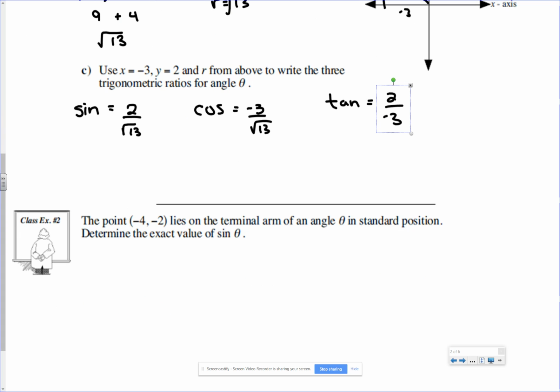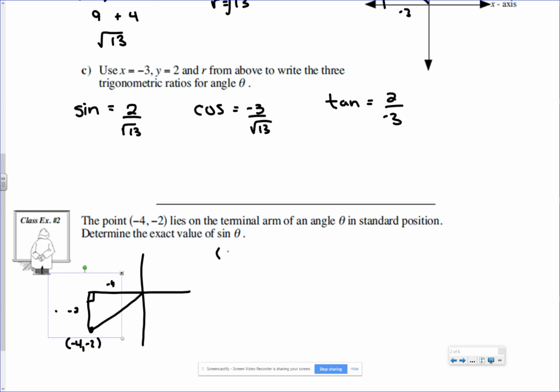And now it says the point (-4, -2) lies on the terminal arm, so we're going to go ahead and put that on the graph. So there's our point (-4, -2). And if I make my triangle with that, I have my triangle. So there's -4, -2, and I'm going to have to find my hypotenuse.